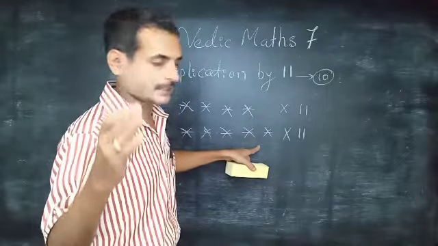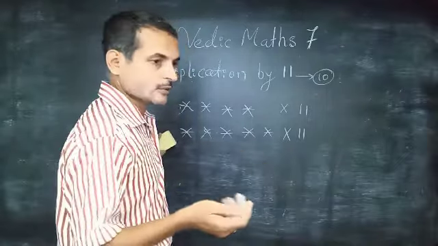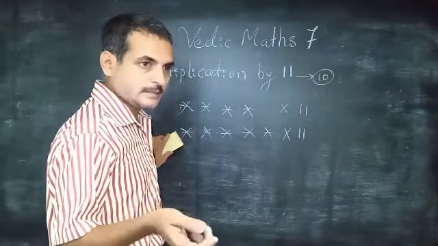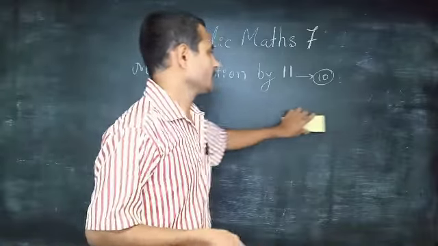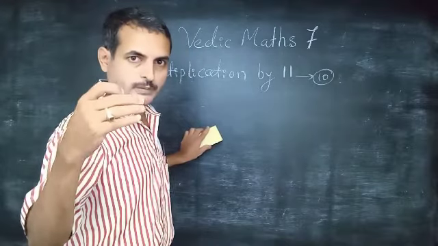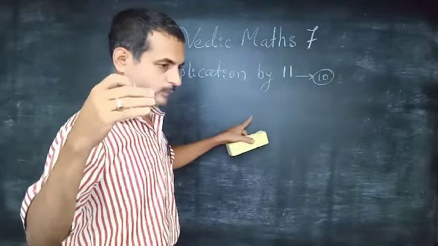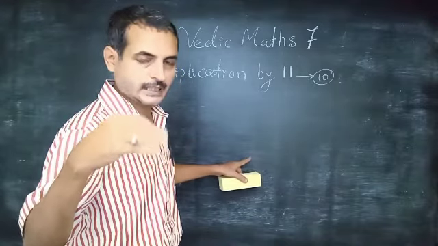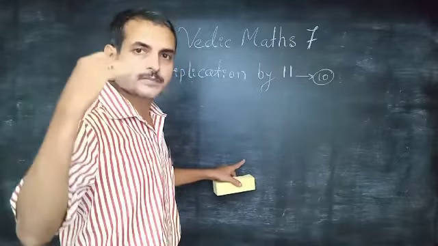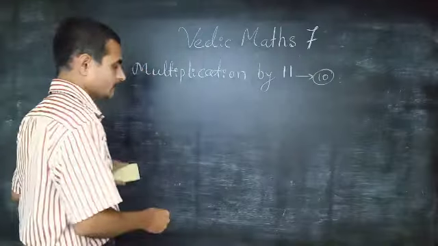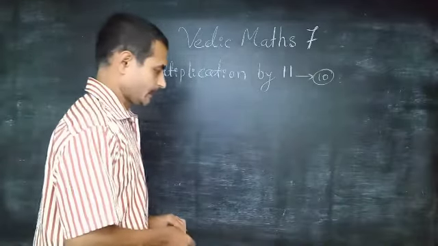I give the answer, I write the answer. Then your friends will be impressed by your mathematical ability. Okay. Multiplication by 12, 13, 14, 15, etc., I will teach in a later class, and even take any numbers in the forthcoming class.